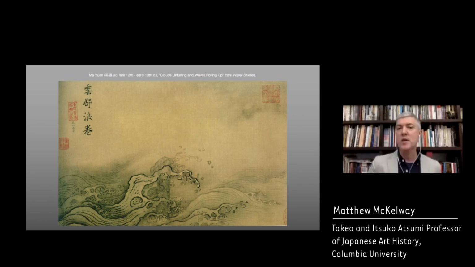And the waves really start to become something else. They take on a kind of zoomorphic quality, we might say, that I think really effectively presages what we'll see in Hokusai.